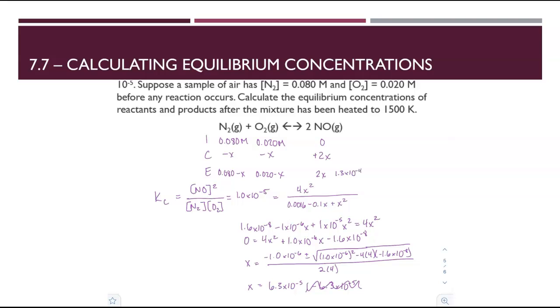And our concentrations of O2 and N2, when you take into account significant figures, are still 0.020 and 0.080, because with two significant figures, a change of 6.3 times 10 to the negative 5th isn't a big enough change to alter our numbers. So when it says calculate the equilibrium concentrations, our concentration of N2 is 0.08, our concentration of O2 is 0.02, and our concentration of NO is 1.3 times 10 to the negative 4th.